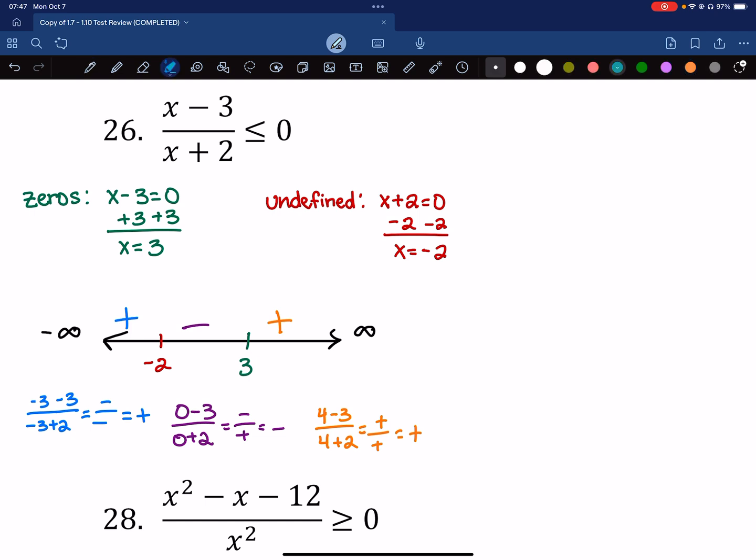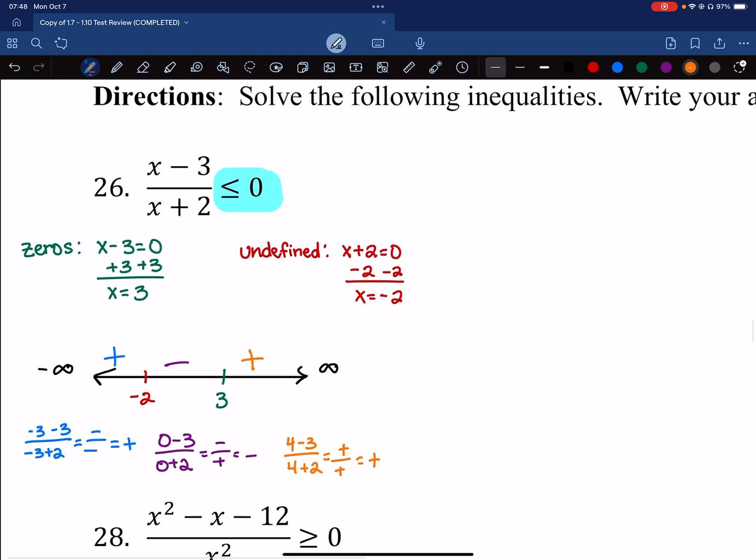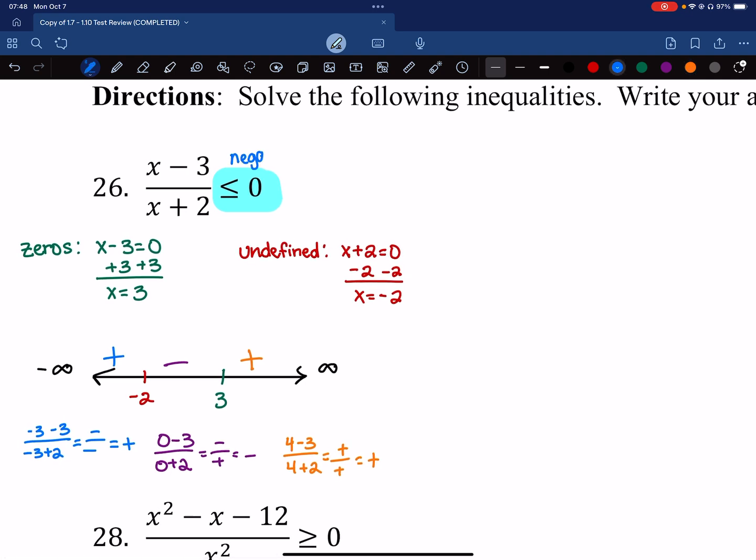So then it comes down to what are we looking for? We're looking when our function is less than or equal to 0. Less than or equal to 0. So we want it to be negative or 0. So since we want it to be negative, that means that we're looking at this interval.